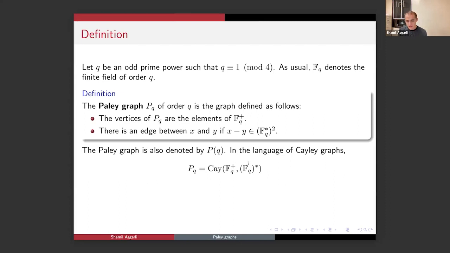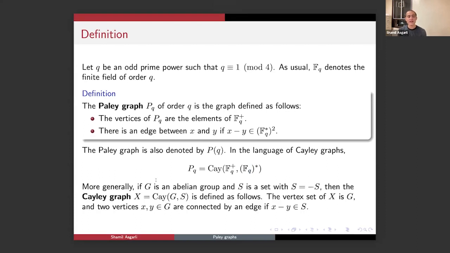There should be a little square here at the top. More generally, if G is an abelian group and S is a set with S equal to minus S, then the Cayley graph is defined as follows. The vertex set of X is G, namely the elements of the abelian group, and two vertices are connected by an edge if and only if the difference between them lies in S, the connection set.